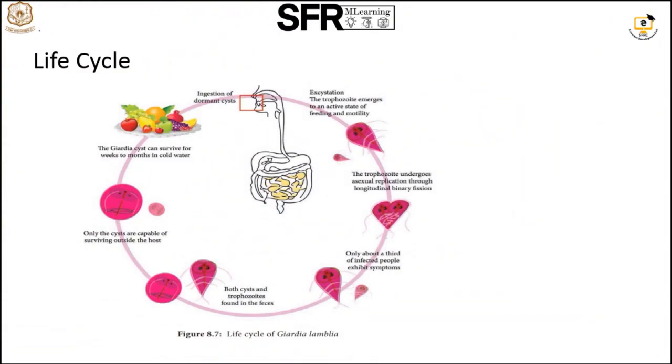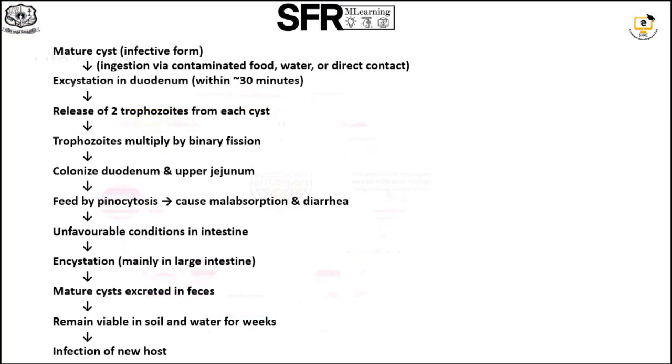Then we look at the life cycle of Giardia lamblia. The life cycle begins when a host ingests mature cysts, which are the infective form, through contaminated food, water or direct contact. Within about 30 minutes of reaching the duodenum, excystation occurs, releasing two trophozoites from each cyst.